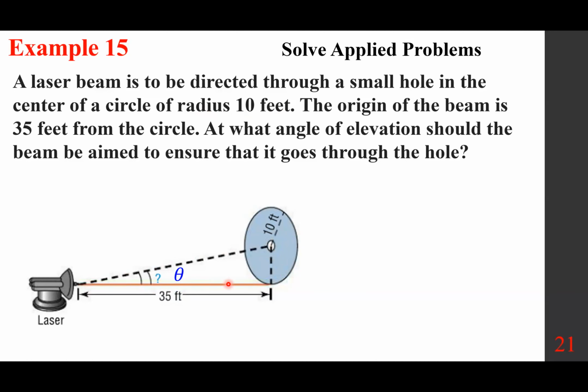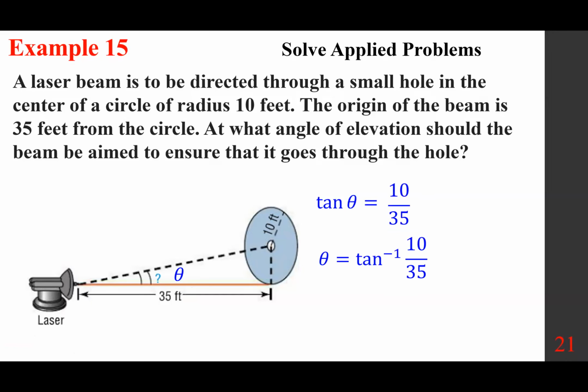Clearly, tan of theta is the opposite, 10 feet, over the adjacent, 35 feet. So we are interested in tan of theta because those are the numbers given. 10 over 35. Therefore, theta is tan inverse of this number. Needless to say, it can be simplified, class.